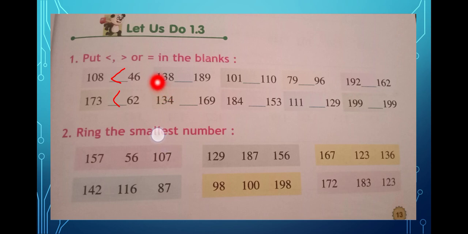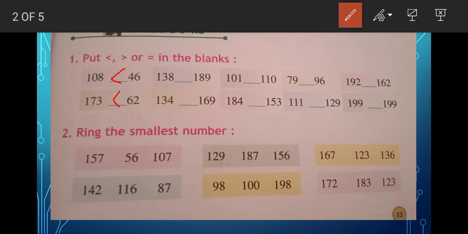Tens place, here it is 3 and here it is 8. That means 8 is greater than 3. So 189 is greater. Okay, that means 138 is less than 189.